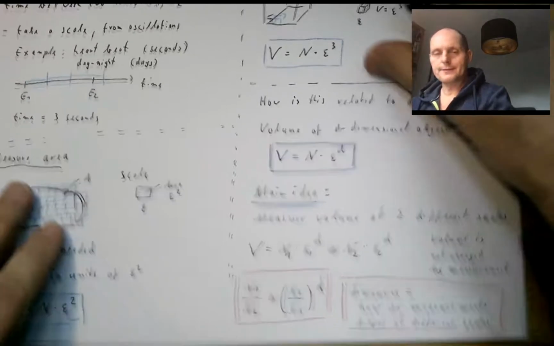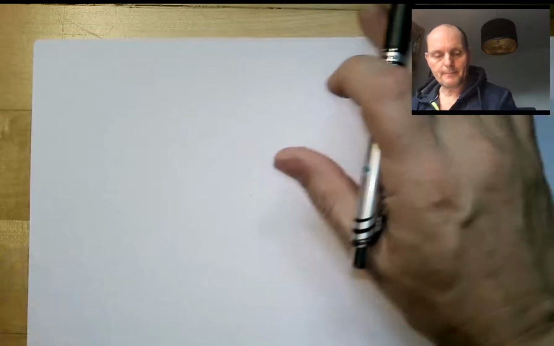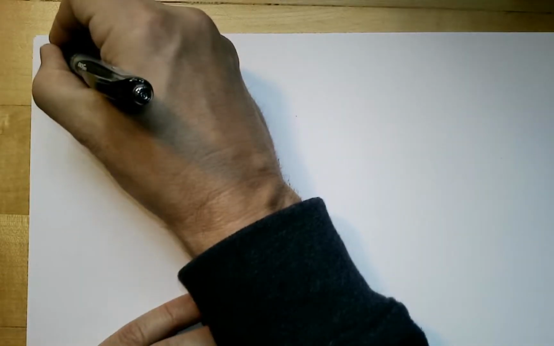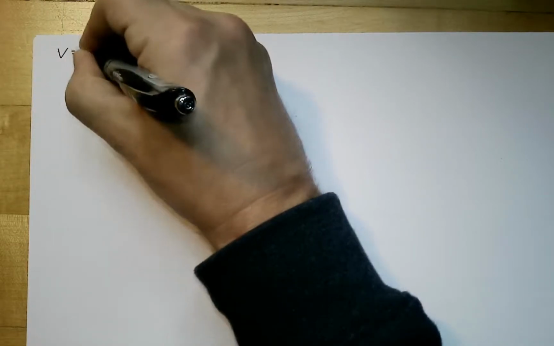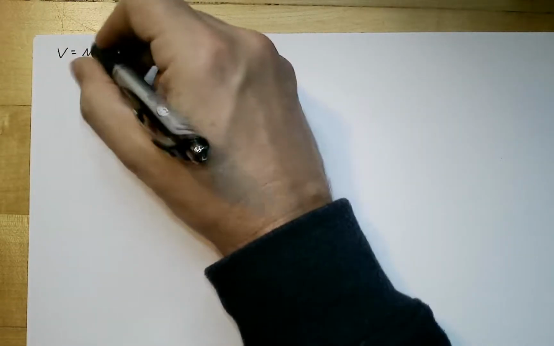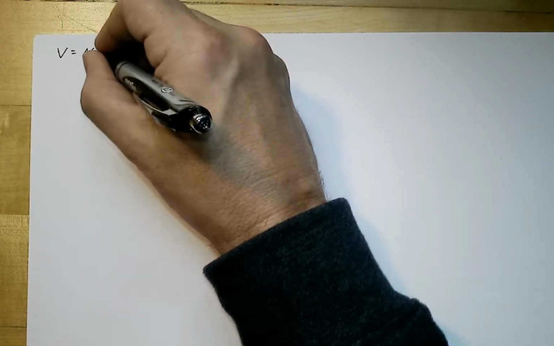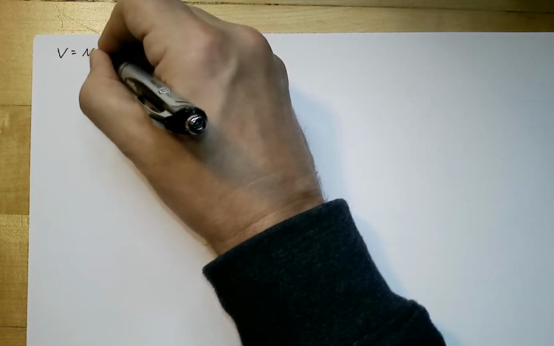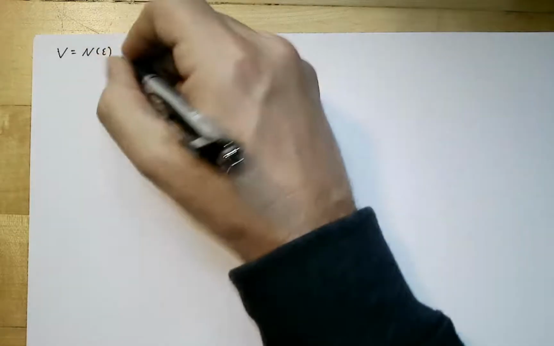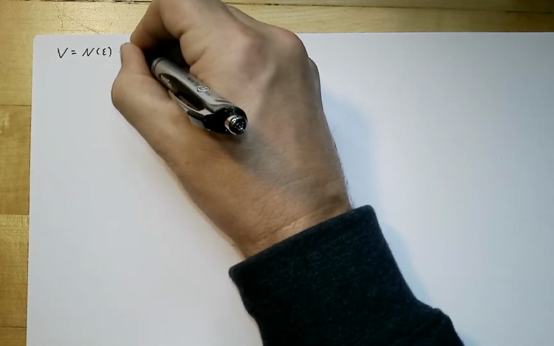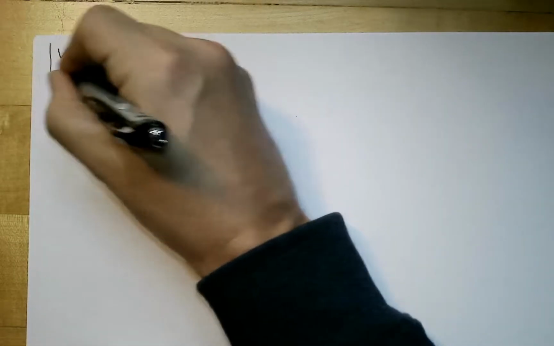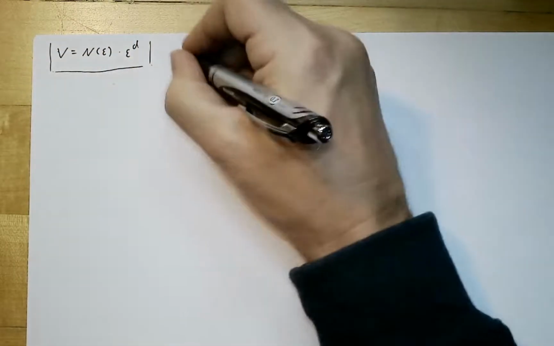Okay, maybe let's write this down. If we have this formula, volume equals N, and we should write N, which depends on our scale, times epsilon to the dimension d. So this is a power law.